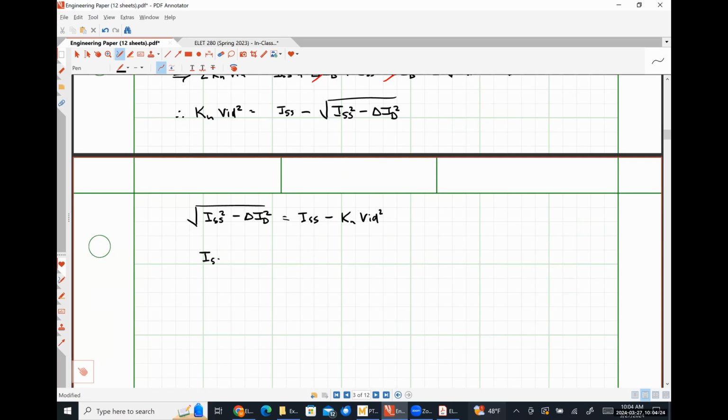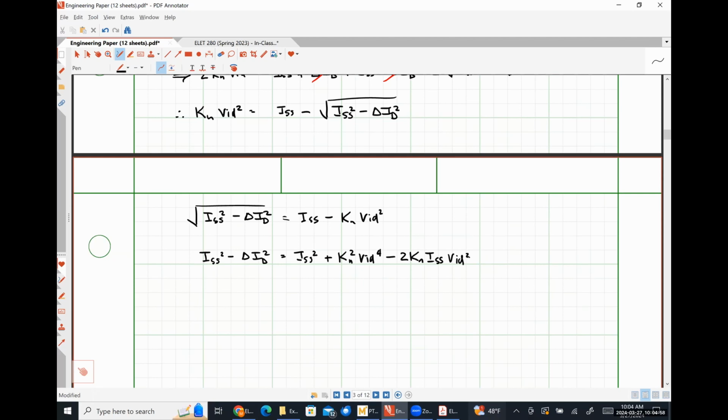Gives us ISS squared minus delta ID squared is equal to ISS squared plus Kn squared VID to the 4th power minus twice Kn ISS VID squared.